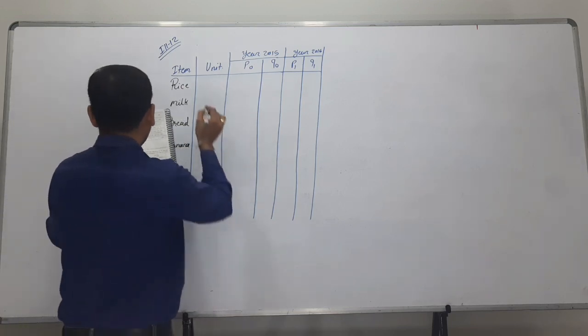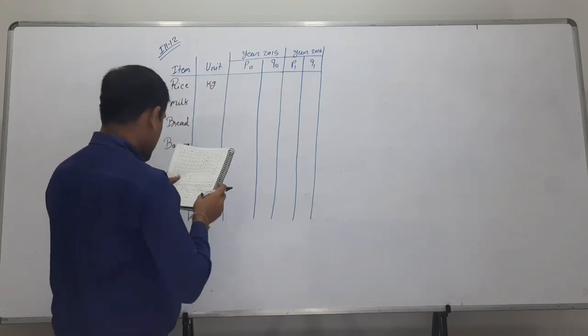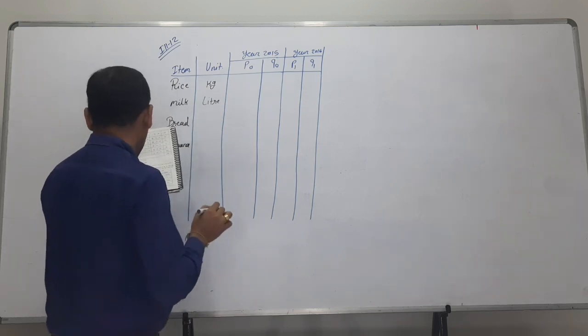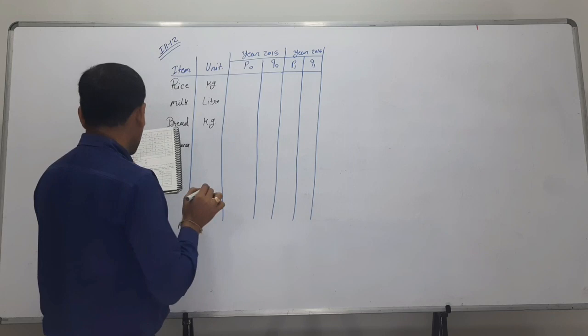Now the unit is given, that is first of all kg, kilogram, then liter, then again kg, kilogram, and then dozen.